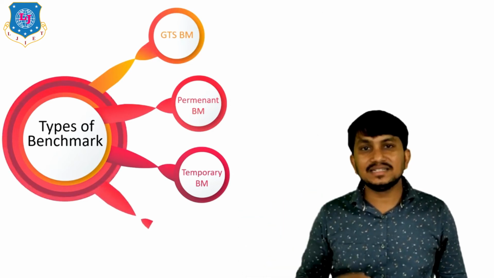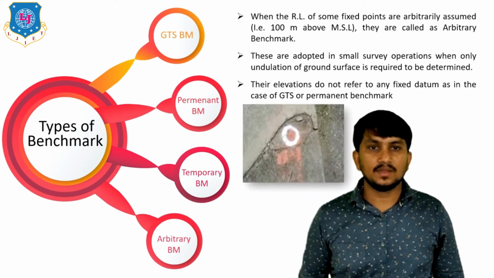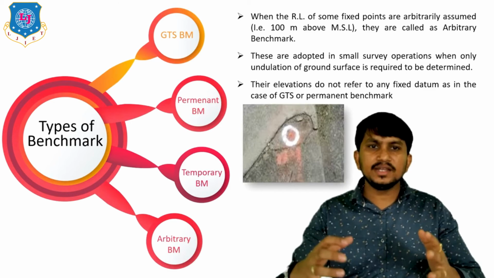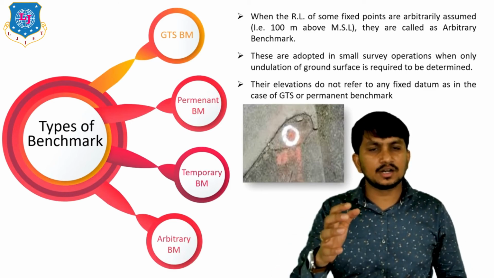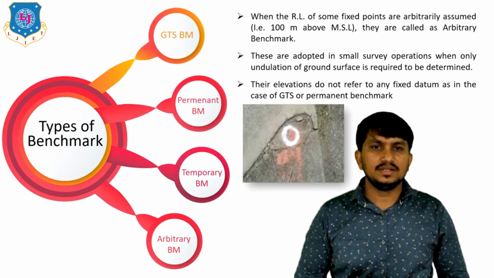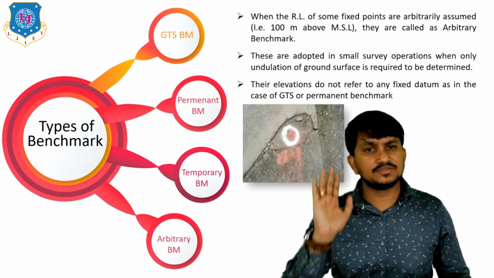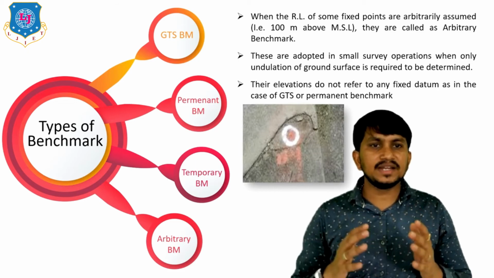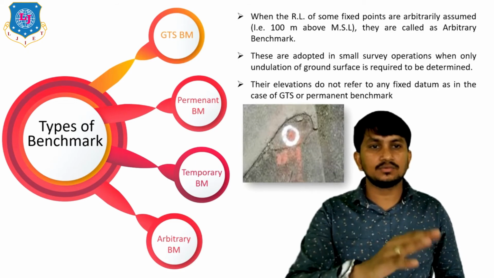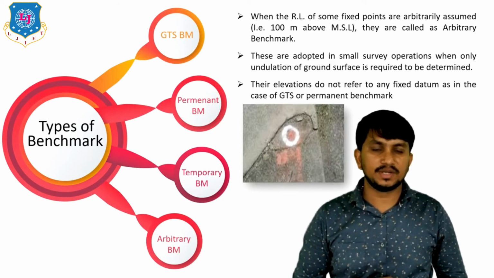And the last is the arbitrary type of benchmark. When the RL of some fixed point is arbitrarily assumed as 100 meters above MSL, mean sea level, it is called an arbitrary benchmark. It is simply termed an assumed benchmark. They are adopted in small survey operations when only the undulation of the ground surface is required to be determined.